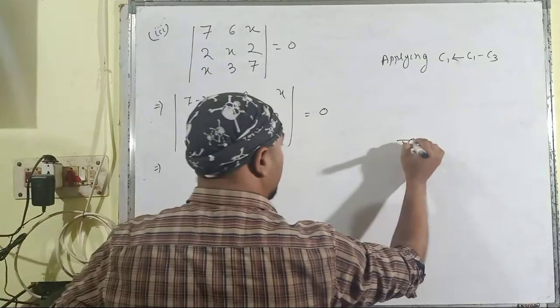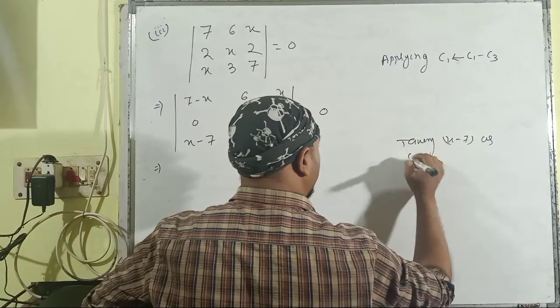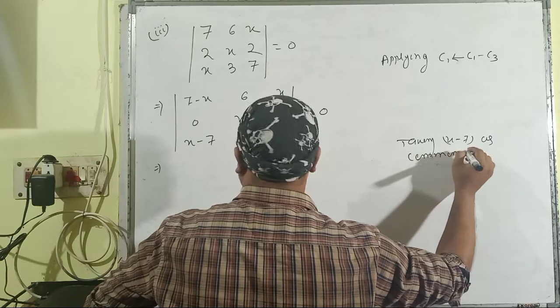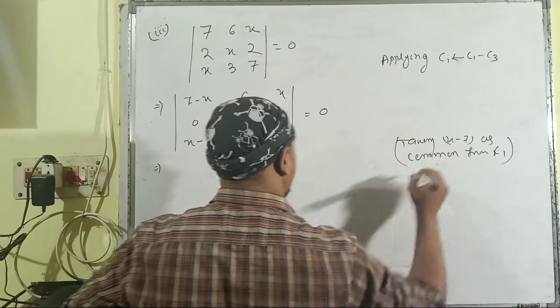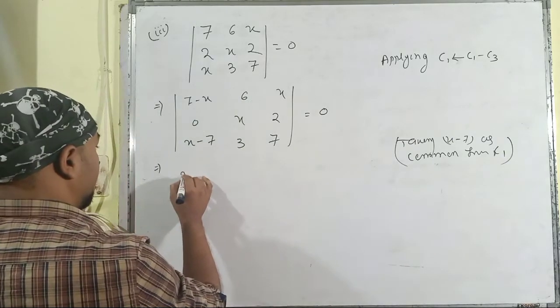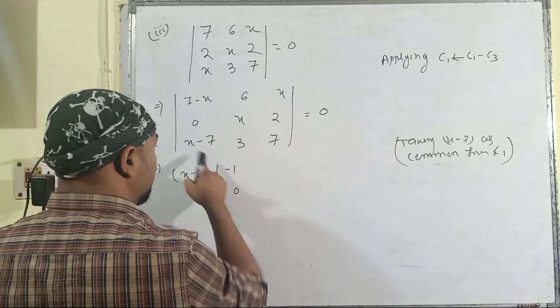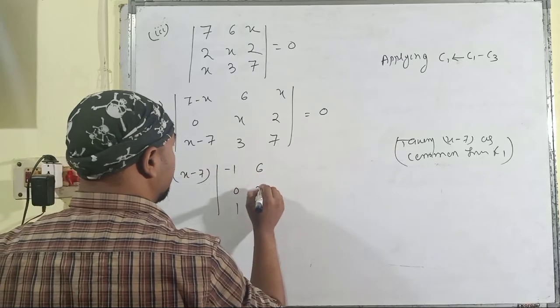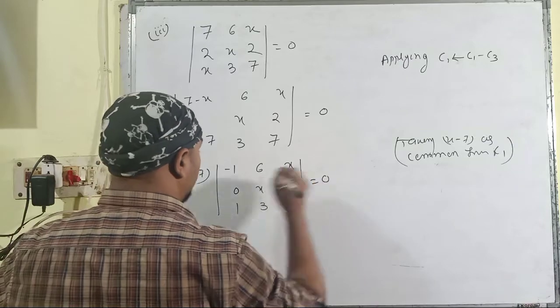Then taking x minus 7 as common from column 1, we are getting minus 1, 0, 1, 6, x, 3, x, 2, 7, and it is equal to 0.